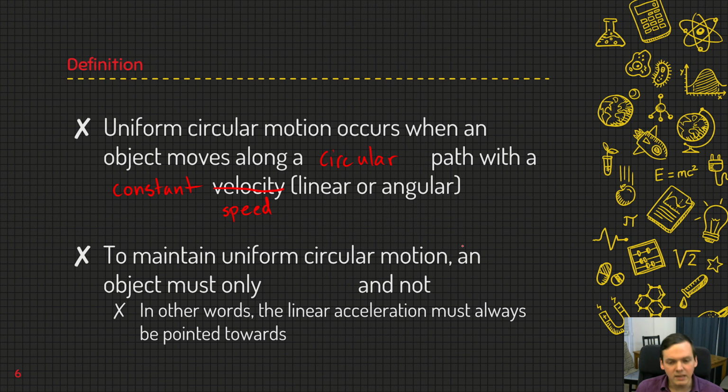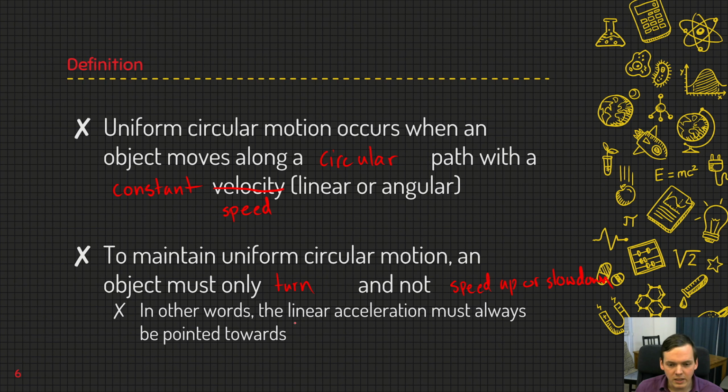So to maintain that uniform circular motion, an object must only turn and not speed up or slow down. In other words, it will accelerate because it's turning, but that acceleration isn't a speeding up or slowing down, it's just a turning.